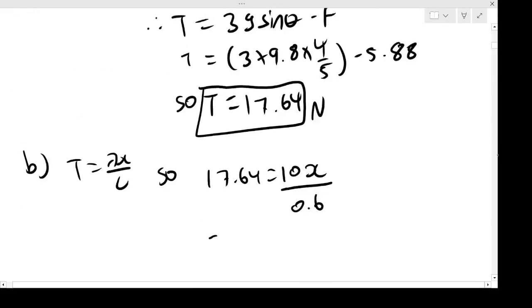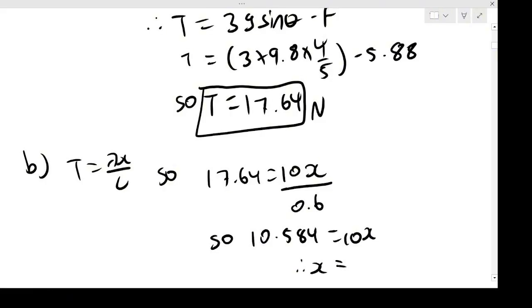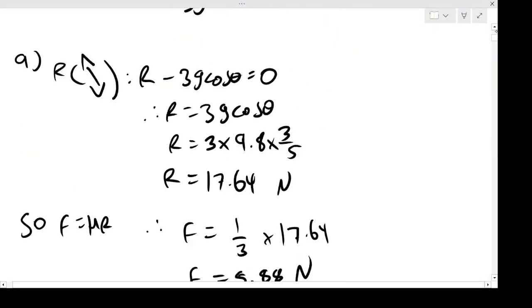So therefore I can solve for X. That means 10.584 is 10x. Therefore X, my extension, is going to be 1.0584 meters.